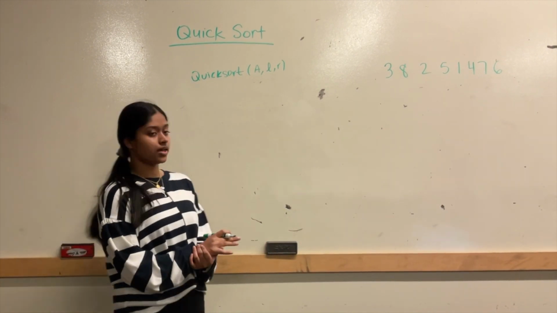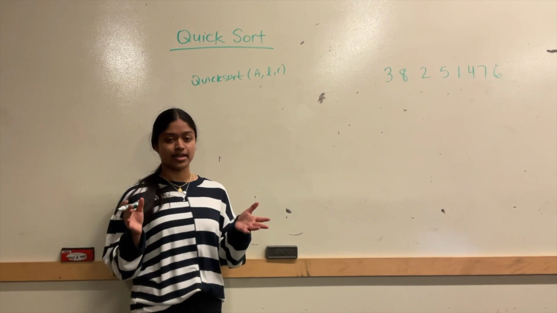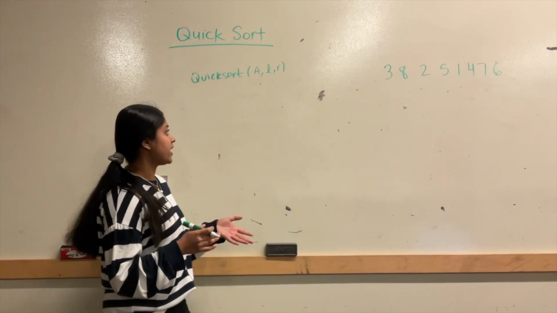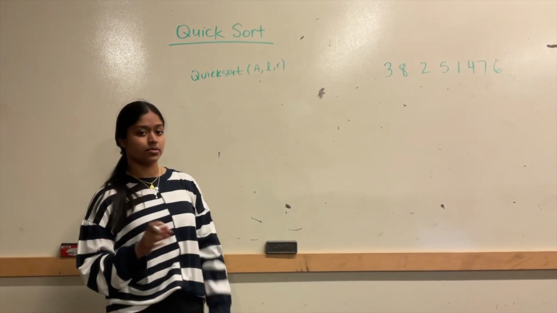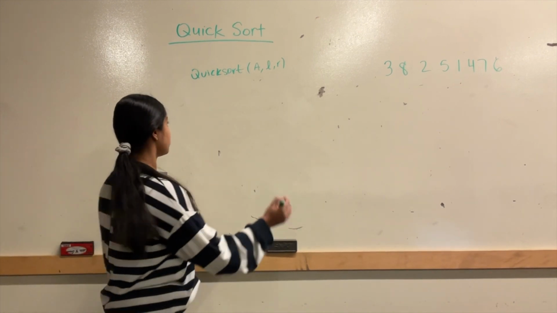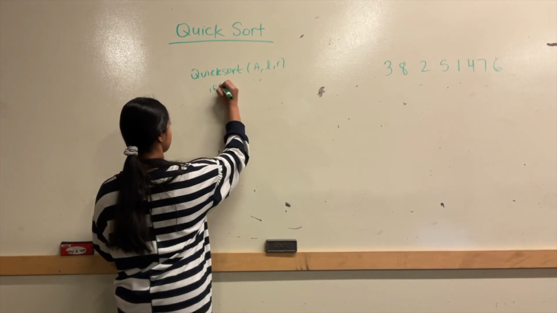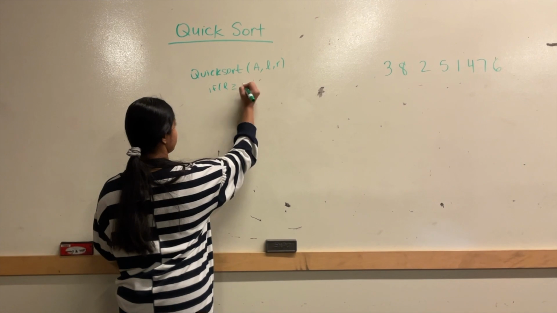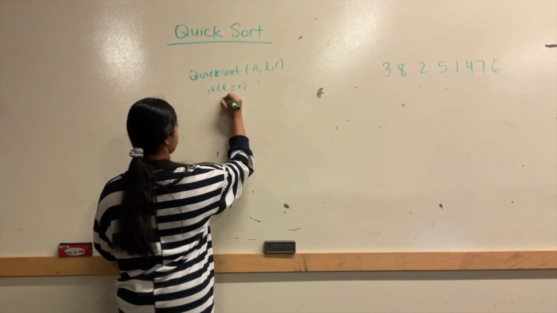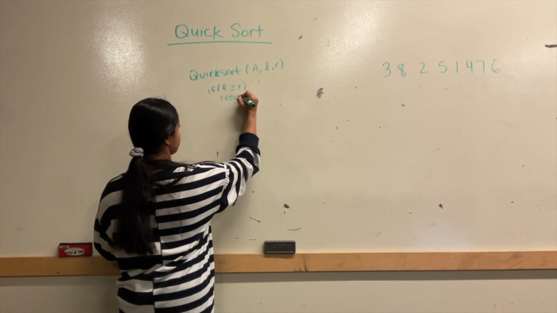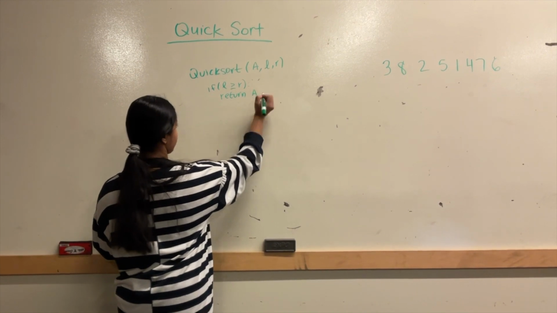The base case is when the array has size 0 or 1, and that's when the positions of the leftmost and the rightmost element are the same. So we're going to have if L is greater than or equal to R, then we're going to return our finished array.